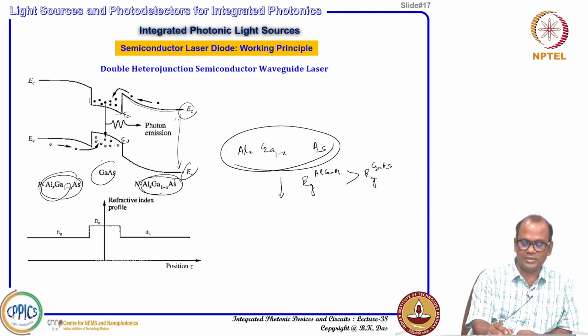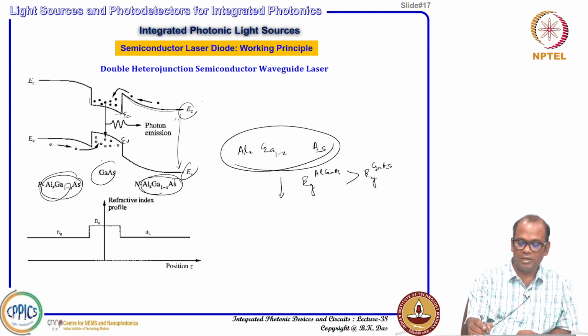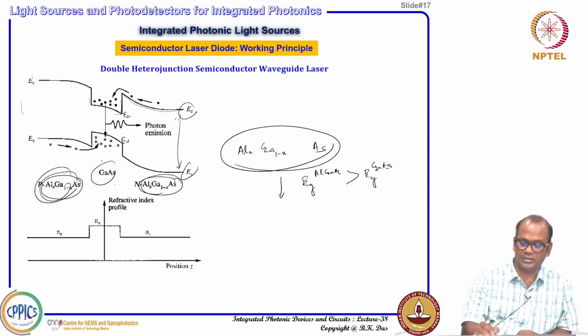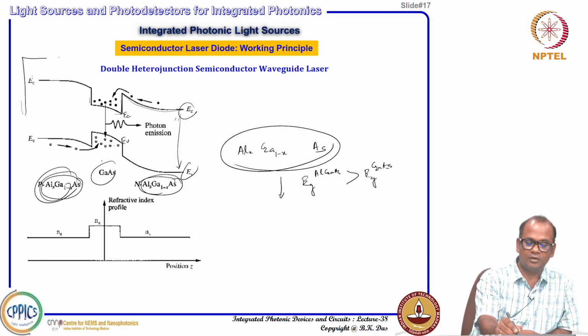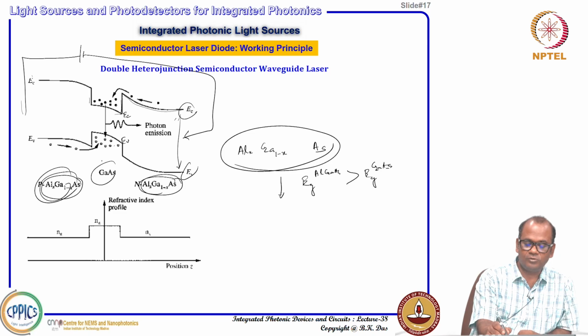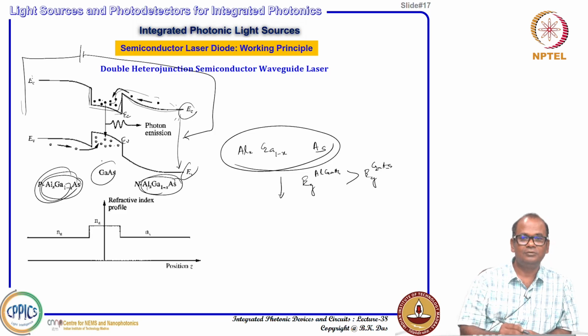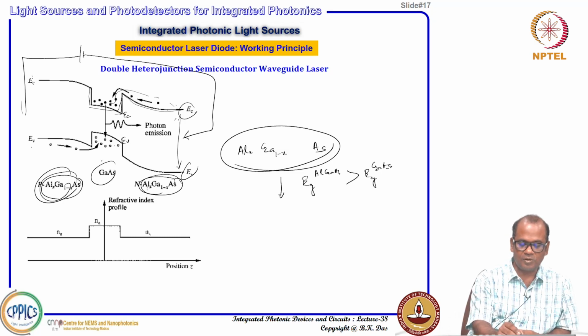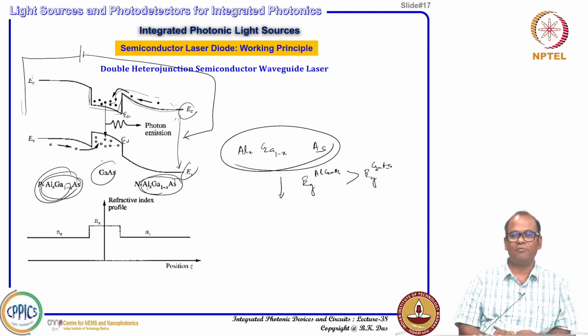Now in this region, suppose this side has p type doping and this side n type doping, and you are giving forward bias, connecting negative bias to this side. So, electrons can move. Electrons from the AlGaAs n side move, and when they come here it looks like a quantum well, so they can stay a little longer, and holes from the other side come here and also see some kind of quantum well.